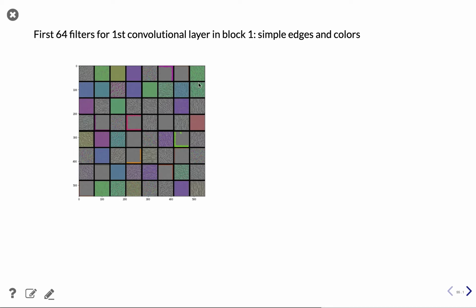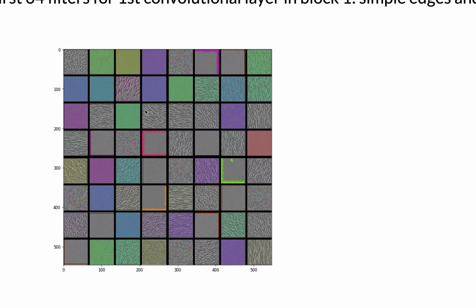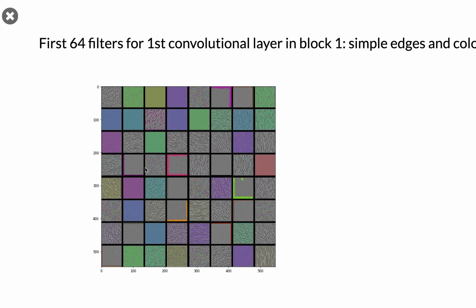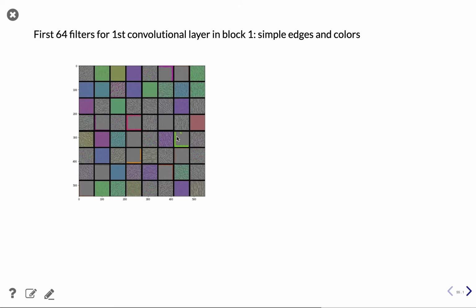This is for the first layer. We can see the first layer looks at colors, horizontal lines, vertical lines, diagonal lines, sometimes very fine lines, sometimes very coarse lines. Some look at the edges, and so on, right? So we can see the first layer finds very local patterns.